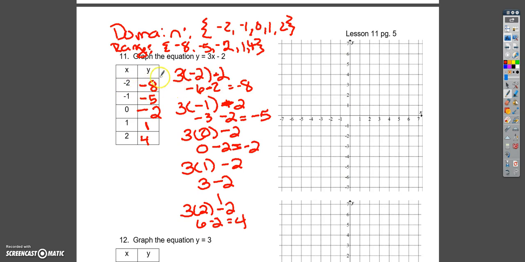So -2, -8. -1, -5. 0, -2. 1, 1. 2, 4. And we can draw a line.